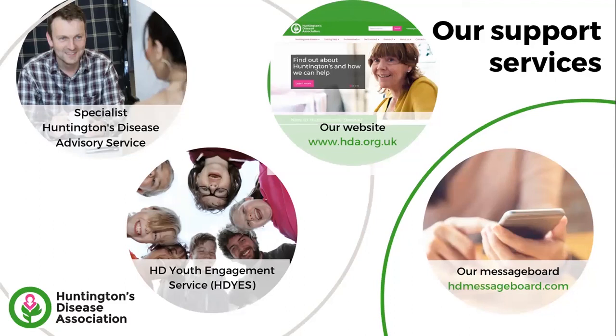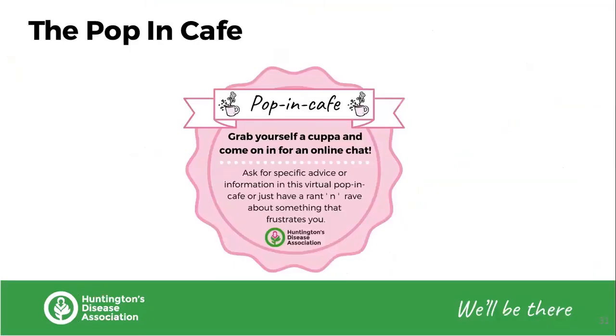We have the message board, and also if you've got younger people in the family, we do have a youth engagement service, and that means that they can get support which is specific for them, and can be a place for them to voice the things that are concerning them and learn more about the condition. Sometimes it's nice to have that separation within the family. So adults are getting support from the advisory service and children from the youth engagement service.